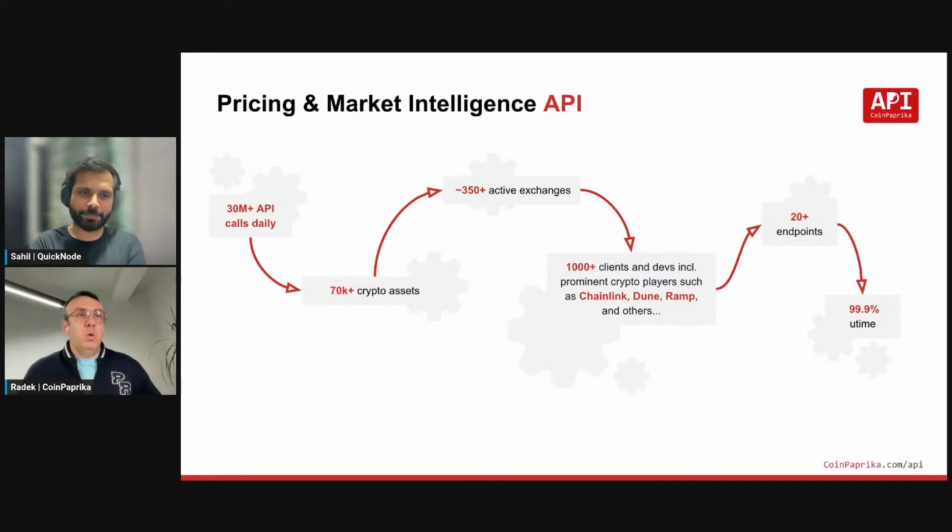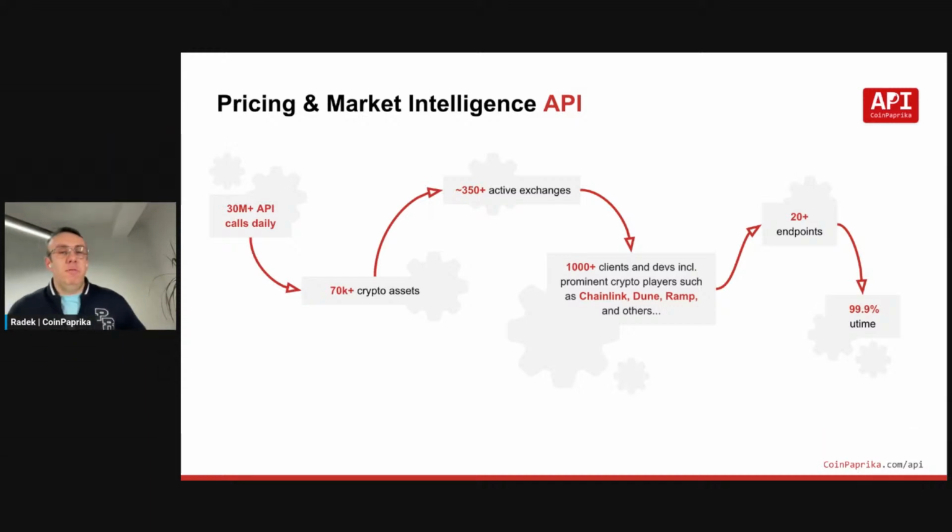So basically, what we are doing right now is we are connecting to different exchanges, both centralized and decentralized exchanges. Right now, we have direct connection to about 350 exchanges. We're constantly getting new data from them. And as a result, we are trying to build some kind of unified and trusted price for assets at the end of the day.